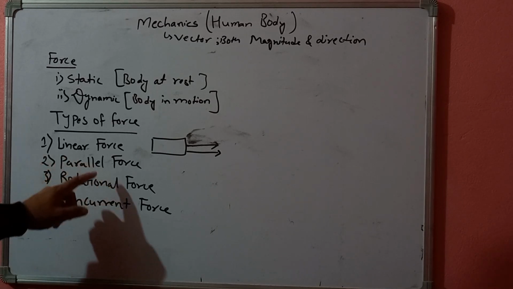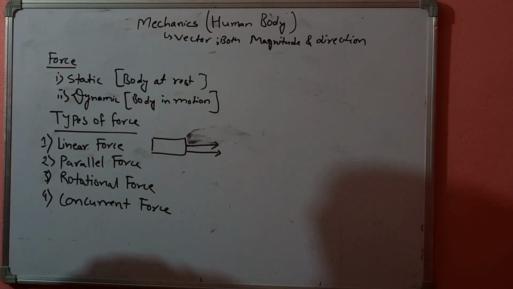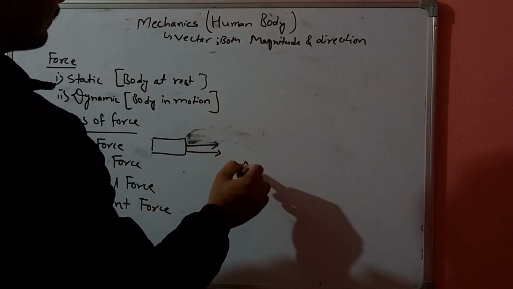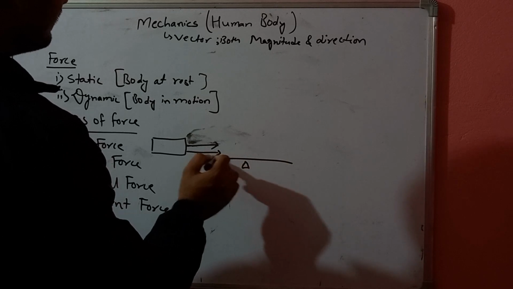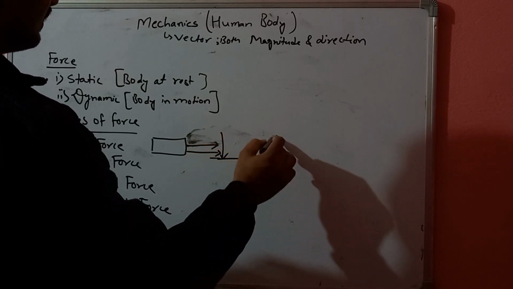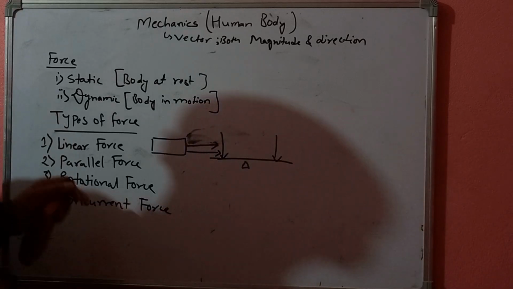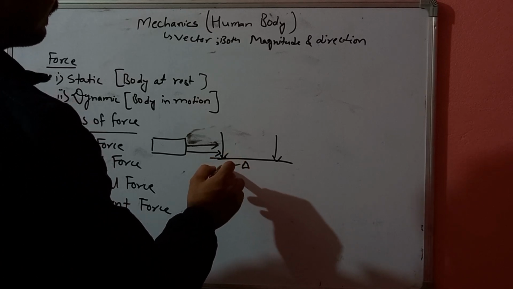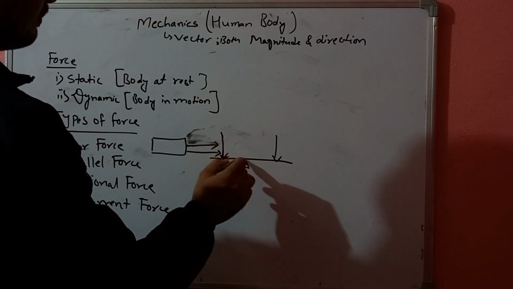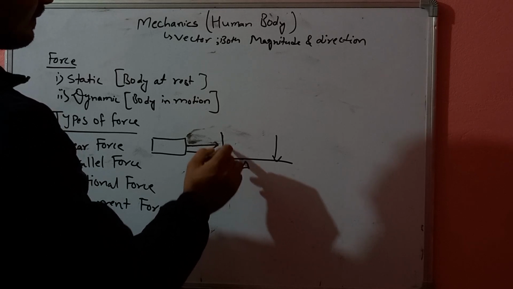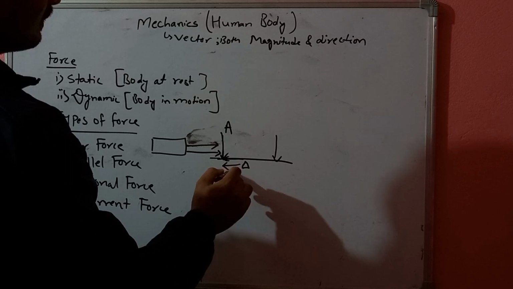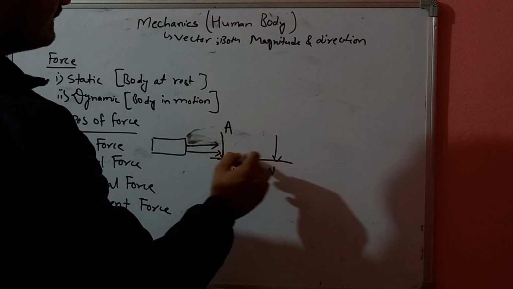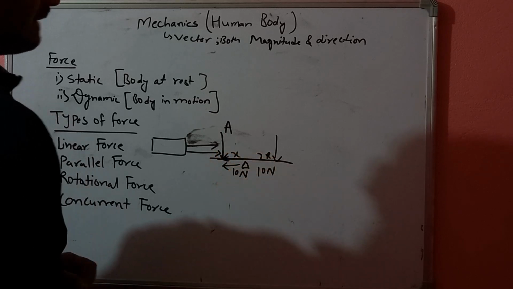And in parallel force, the force acts parallelly. For example, suppose this is a bar, and we apply force here and here, right? These forces are parallel forces. If the force is applied at distance A from the fulcrum, suppose 10 Newton, and here also 10 Newton, but this distance is double, what will happen?